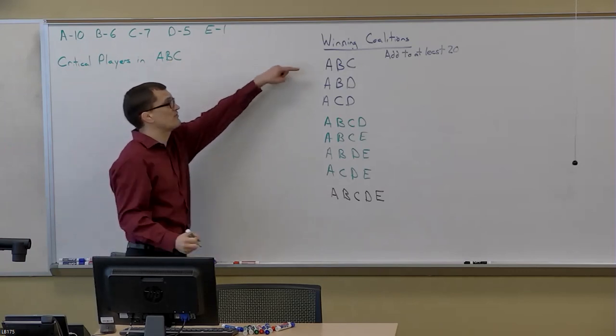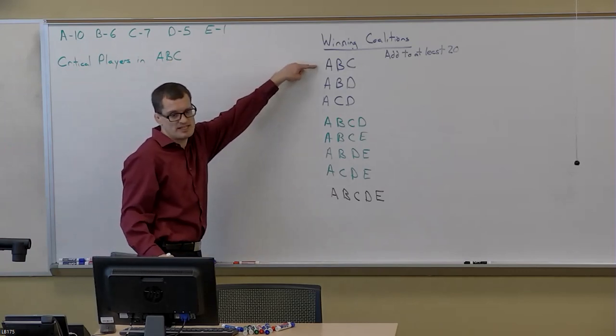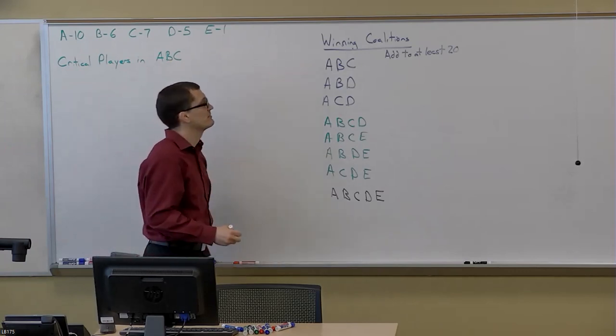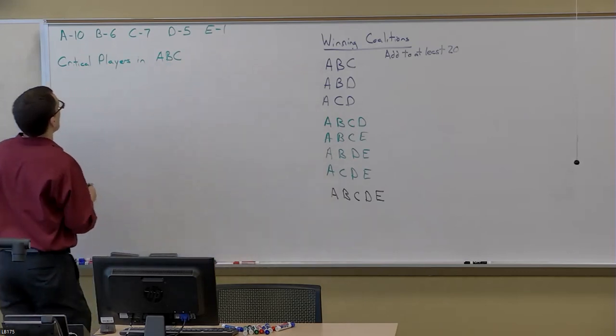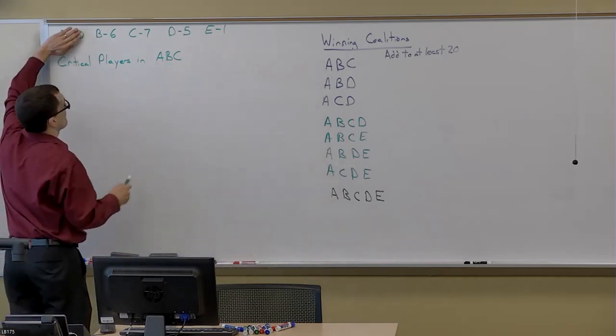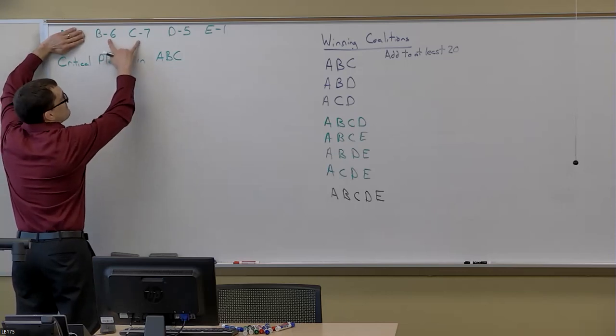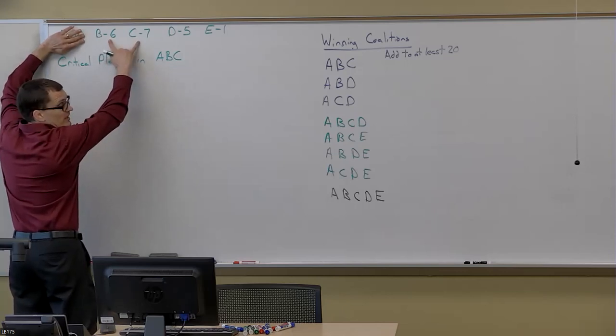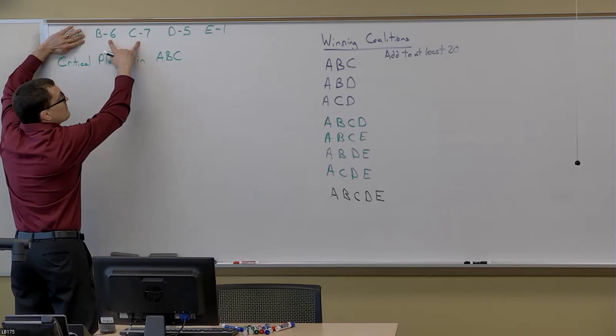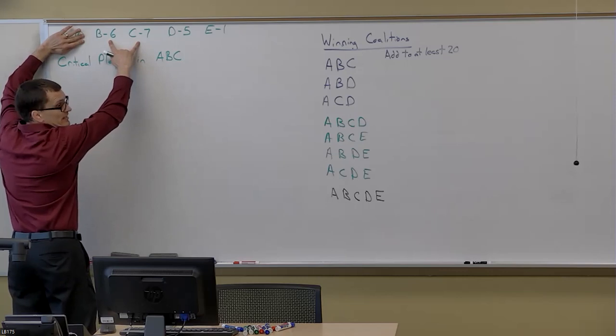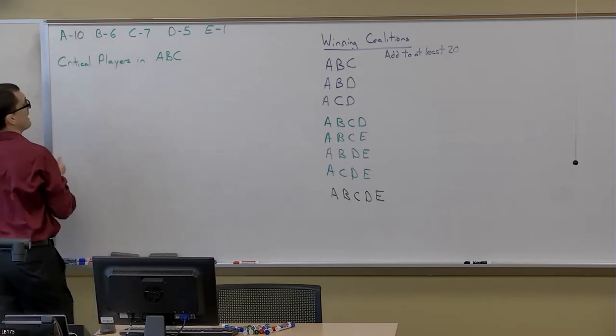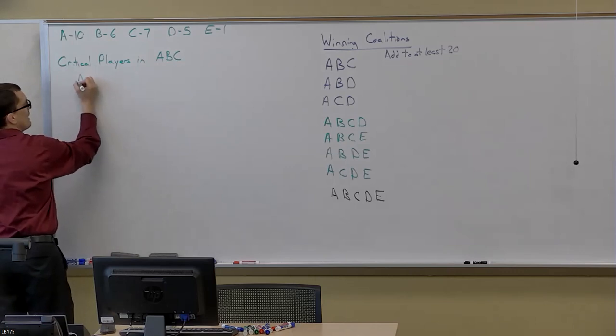So we're looking at our first winning coalition, the ABC, and we want to find critical players. If A drops out, then only B and C are left. They don't add to 20. Therefore, A is a critical player.